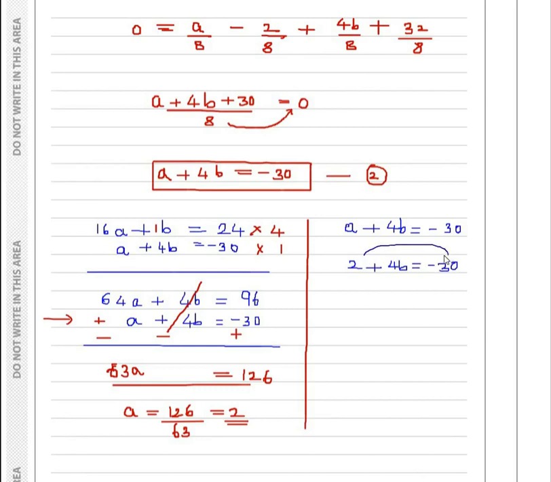Let me take the 2 over here. It becomes 4b is equal to negative 50 minus 2. That gives you 4b equals negative 52. So when we are dividing it, we get negative 52 over 4, which is negative 13. So these are the values of a and b. a is 2 and b is negative 13.